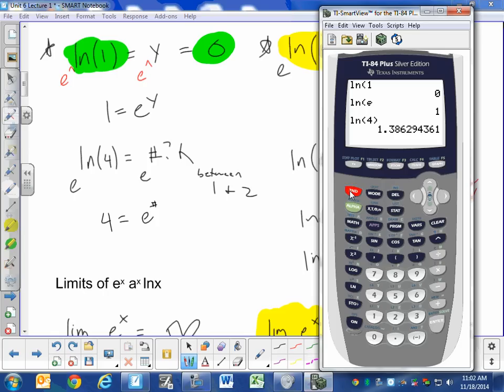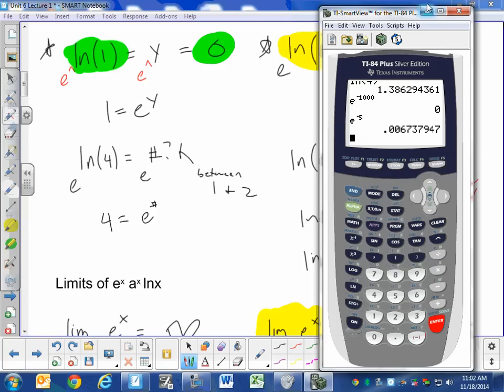If I plug in e to the, like, -1,000, I'm not going to get a negative number. I get essentially 0, but it's not 0. It's close to 0. E to the -5, I'll get a very small decimal.